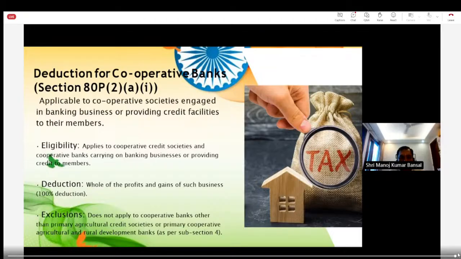What the deduction says: the whole of the profit and gains of such business is permissible. Exclusion: it does not apply to cooperative banks, other primary cooperative credit societies, or primary cooperative agriculture and rural development banks.